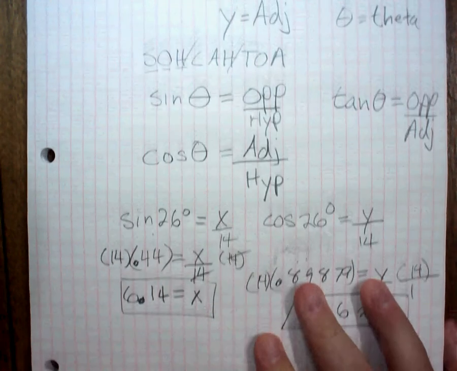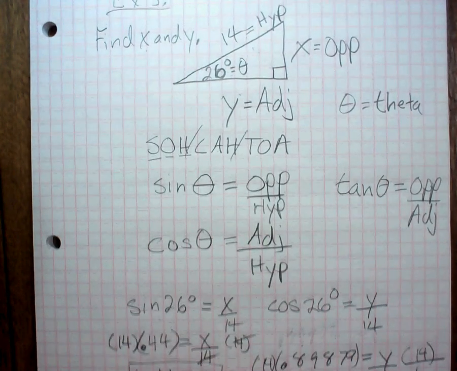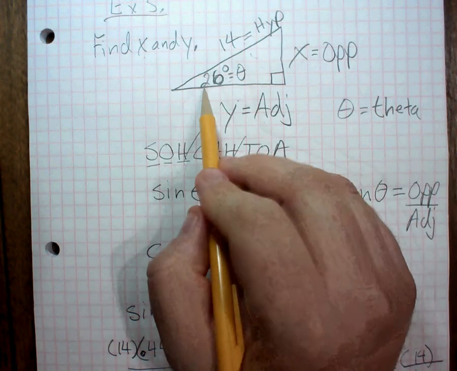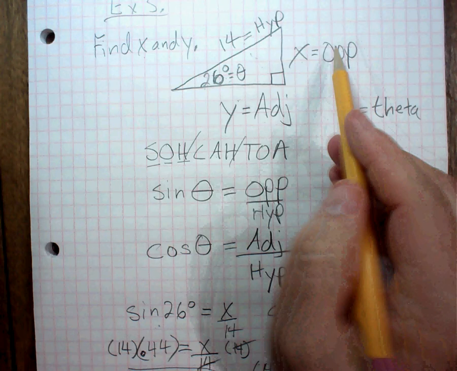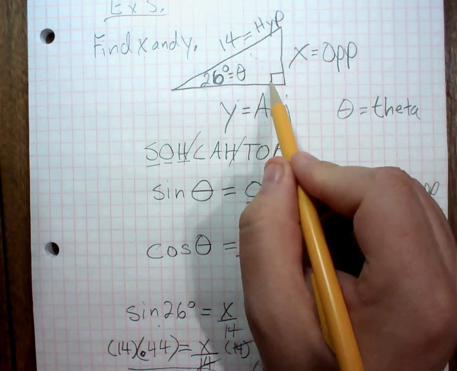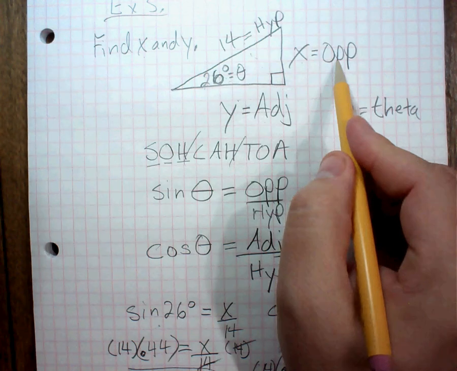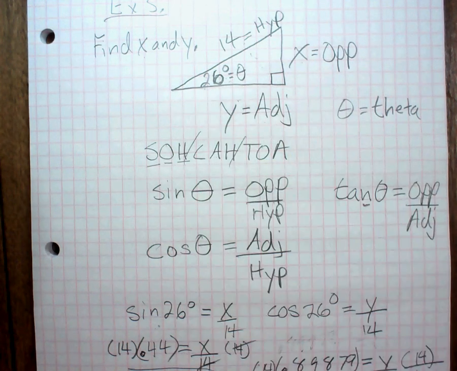Okay? So just to recap real quick, we're given a triangle where the measure of this angle is 26 degrees. I identify the sides. The hypotenuse is across from the 90-degree angle. The opposite side is across from the angle that we're given, and the adjacent is the remaining side.